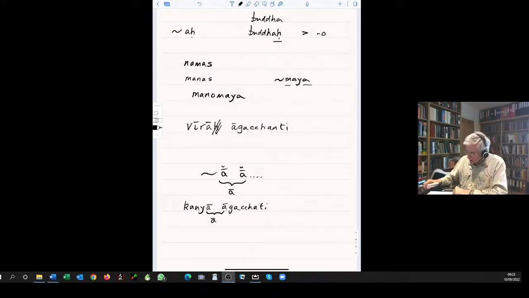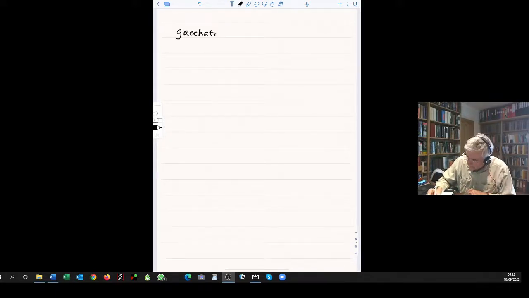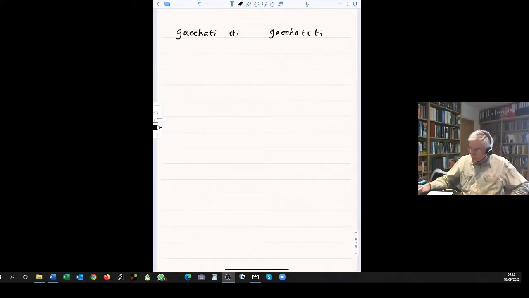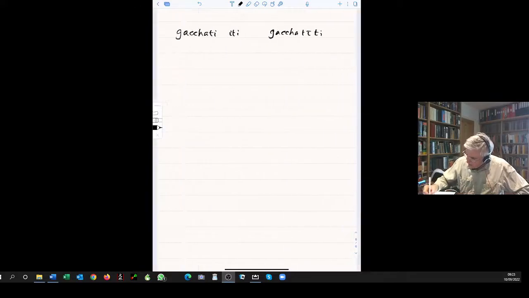I would mention here the use of the circumflex. Let's just look at gachati iti, which becomes gachatiti, and so written in Devanagari.